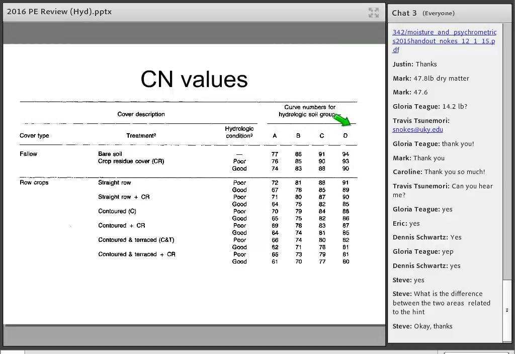You can't make the direct assumption, though. You need to go look things up, because I was working on a project at Fort Bragg, North Carolina, and the soils that I was looking at were really sandy, and I was thinking, okay, that's probably an A, maybe a B. No, they were C soils because they had clay lenses that stopped things from soaking in.